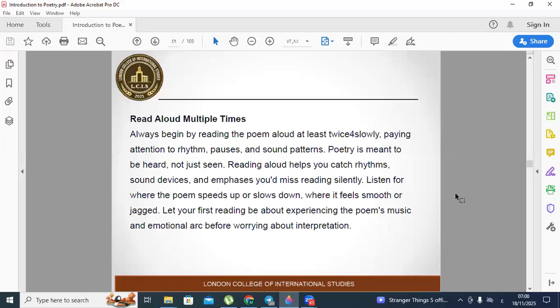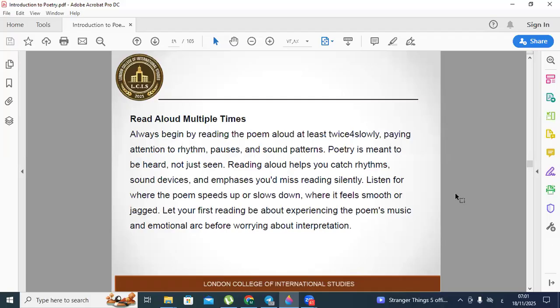Reading aloud helps you catch rhythms, sound devices, and emphasis you'd miss reading silently. Listen for where the poem speeds up or slows down, where it feels smooth or jagged, harsh or gentle. Notice where natural pauses match line breaks or create tension by not matching.